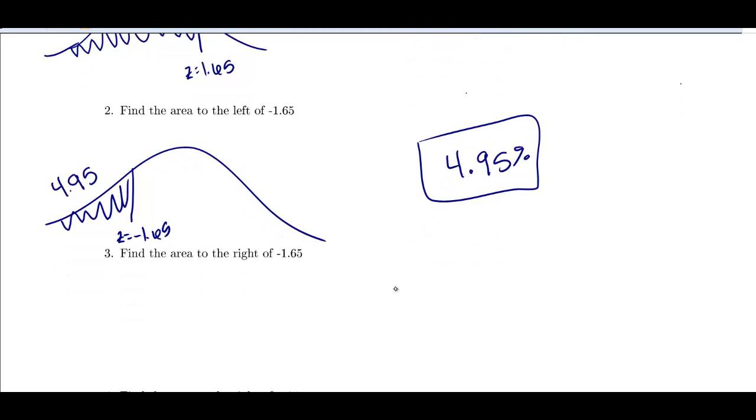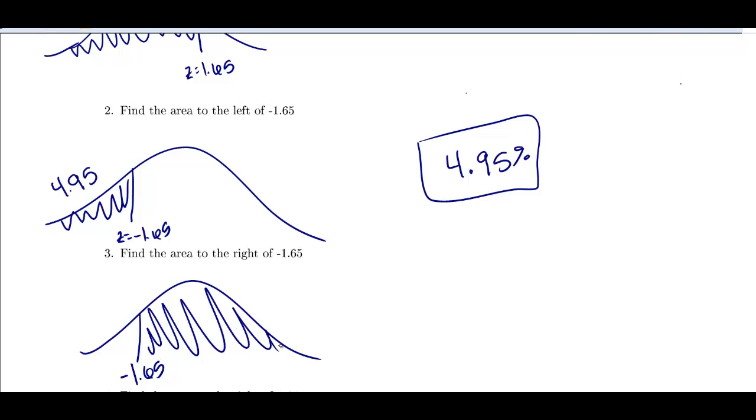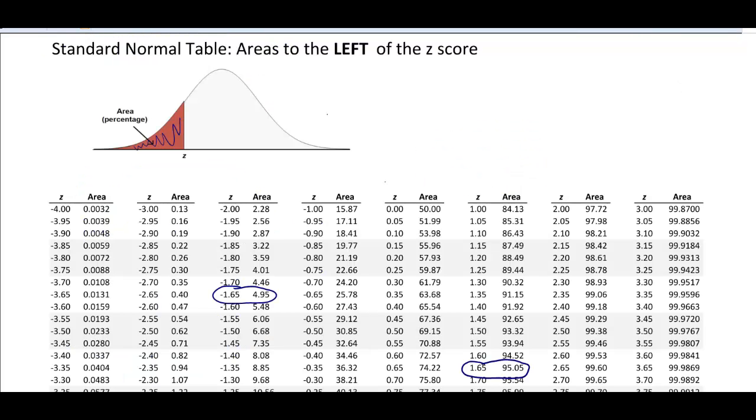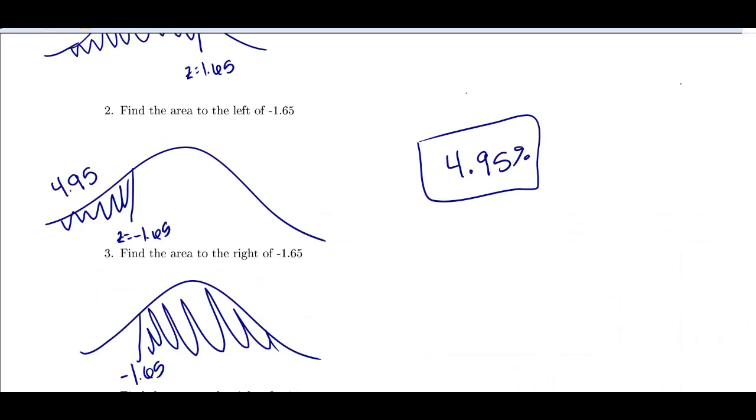Number 3, let's find the area to the right of negative 1.65. So here's my negative 1.65, but now I want the area to the right. The problem is my table doesn't give me areas to the right. It only gives me areas to the left. Looking up negative 1.65 on my normal table gave me 4.95, but that's the area to the left.